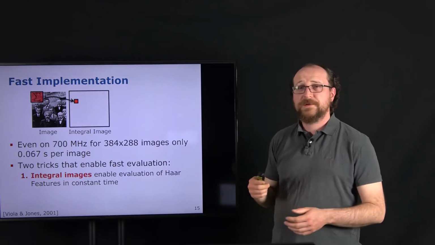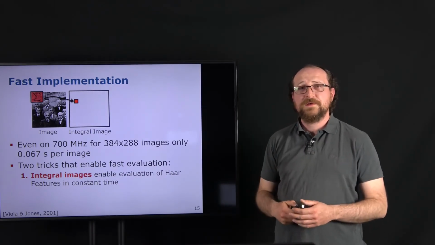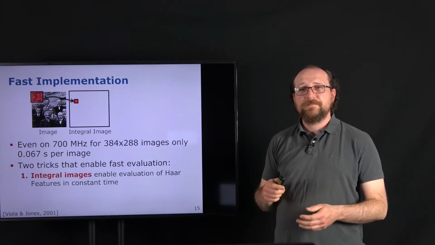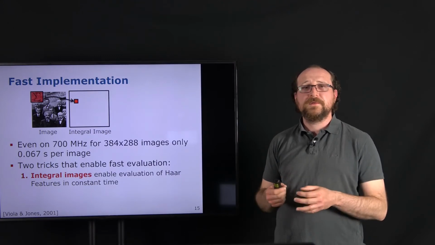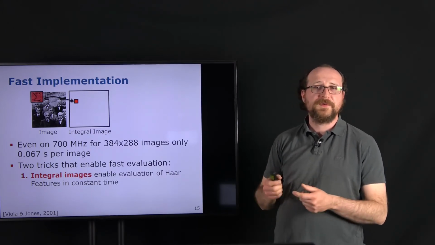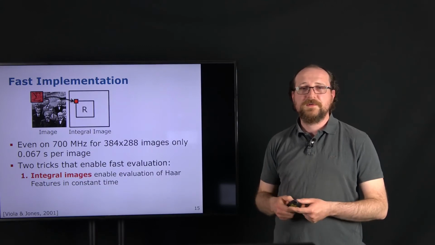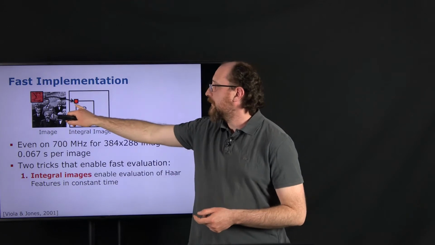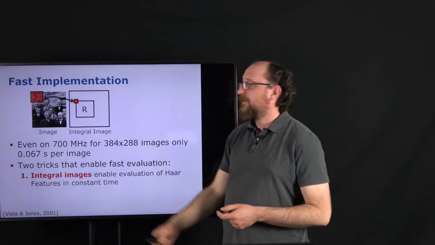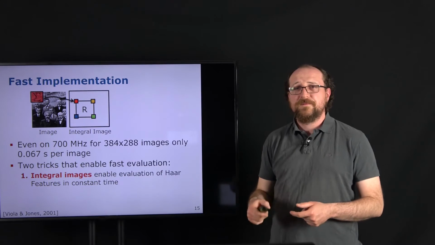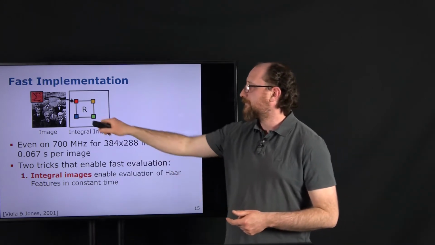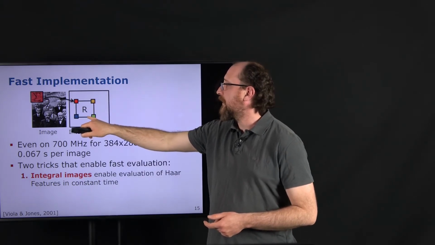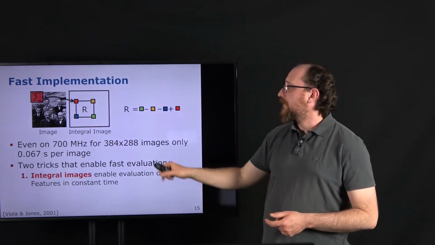And what you can now do with this is that you can quickly evaluate, by a constant number of operations, the sum over the intensity values in a specific region. And this works as follows. So we are interested in getting the intensity sum in this region, and this is given by just the 4 corner pixels of this region, here encoded by yellow, green and blue, and red.